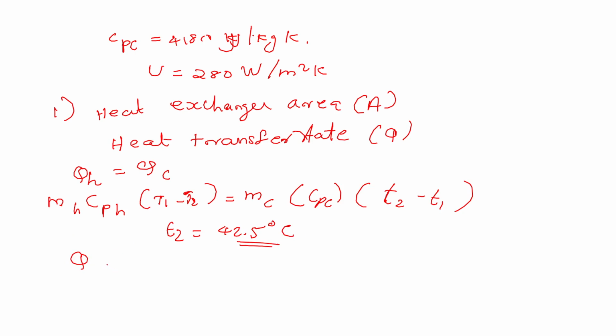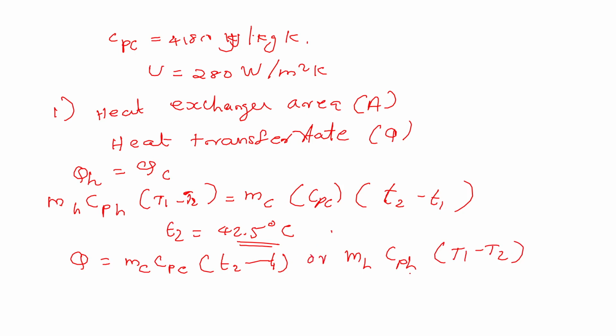You can calculate mc Cpc times T2 minus T1, or otherwise mh Cph times T1 minus T2. Now substitute the values, you will get the Q value.